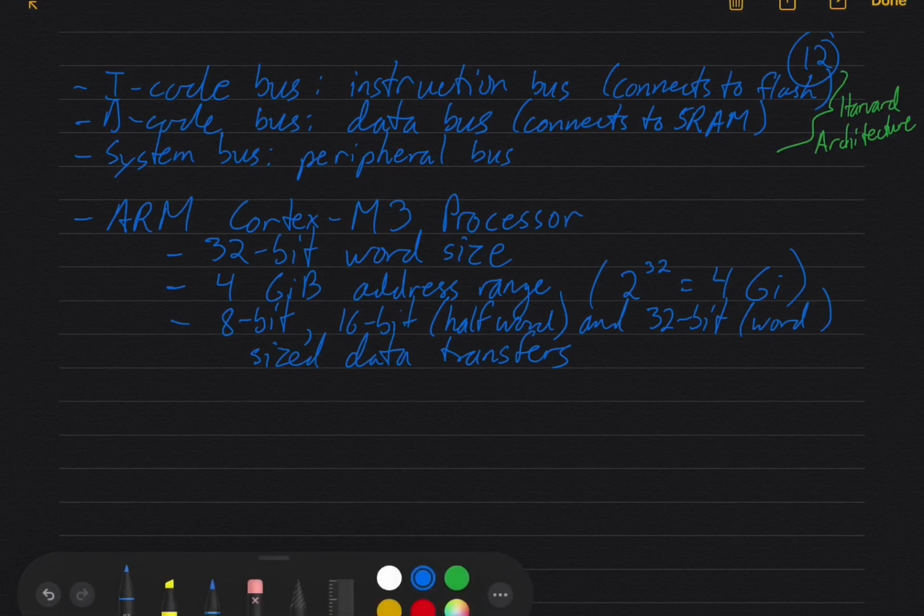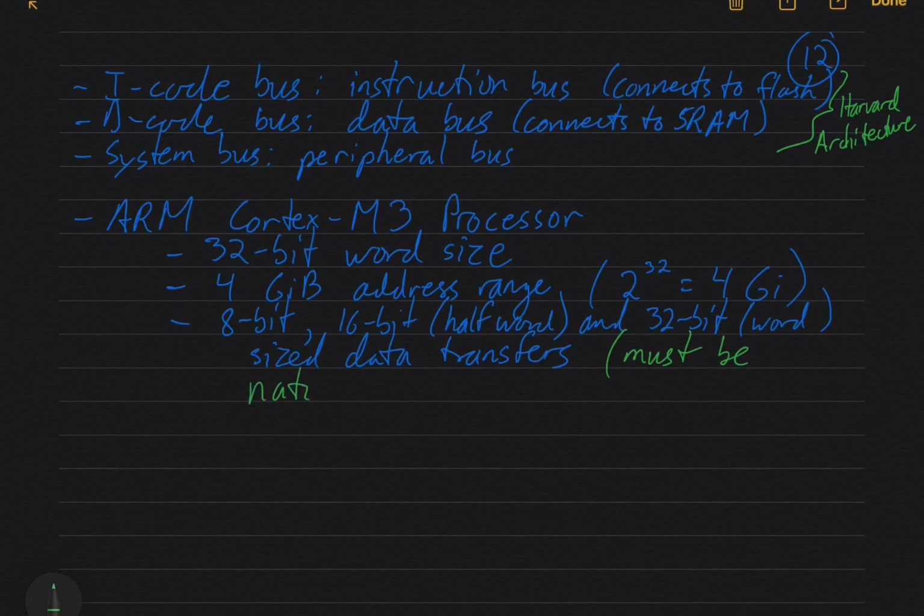And let me just put this in green to emphasize it. They must be naturally aligned. So if you're loading a word, the starting address of that word has to be a multiple of 4. It has to be evenly divisible by 4.